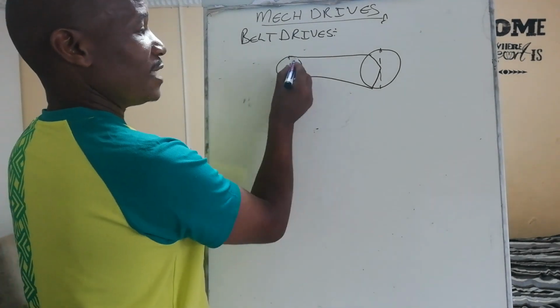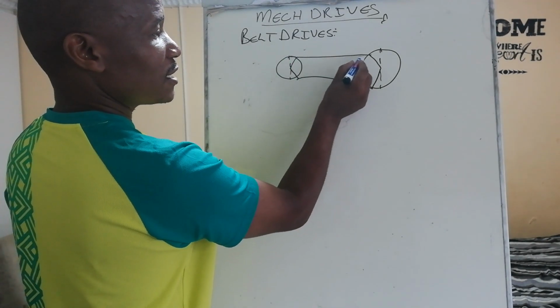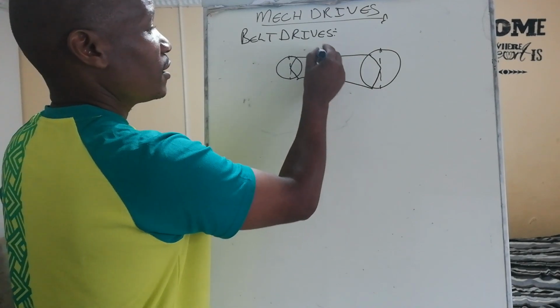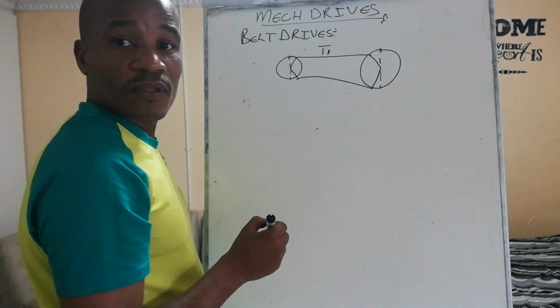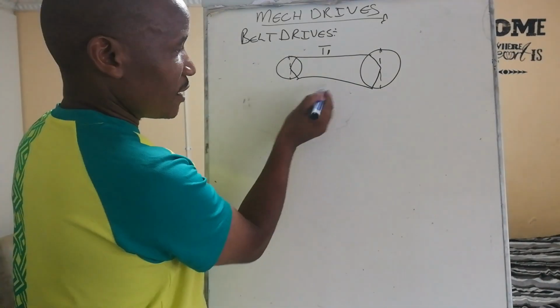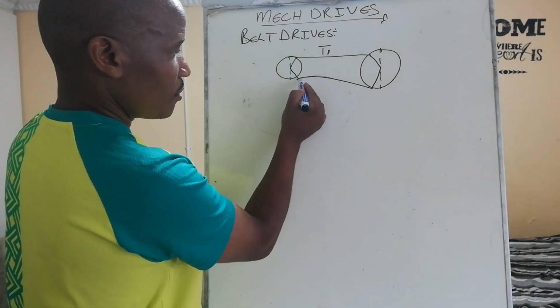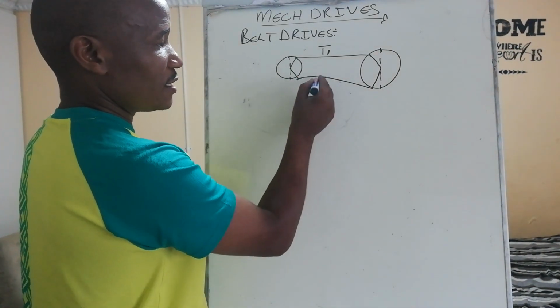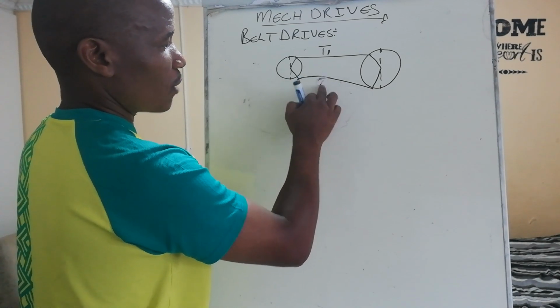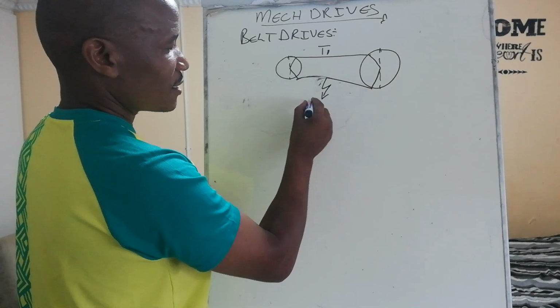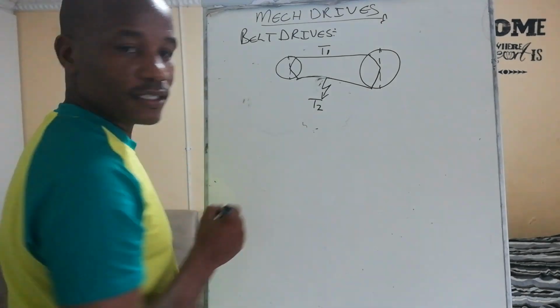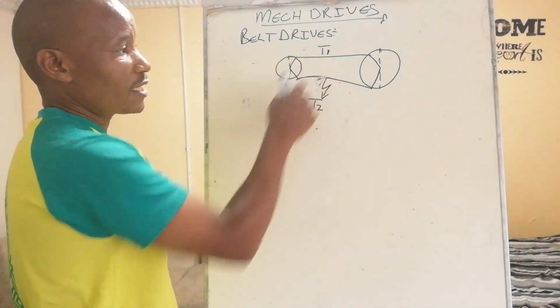Now, the tight side, if you can see, this side is tighter. This is the tension on the tight side, T1. And this one, you can see it's not as straight as this one. We call this the slack side, and it is T2. These are called tensions.